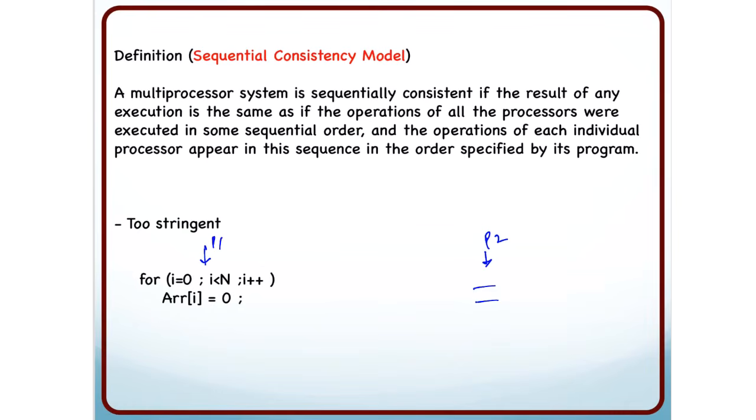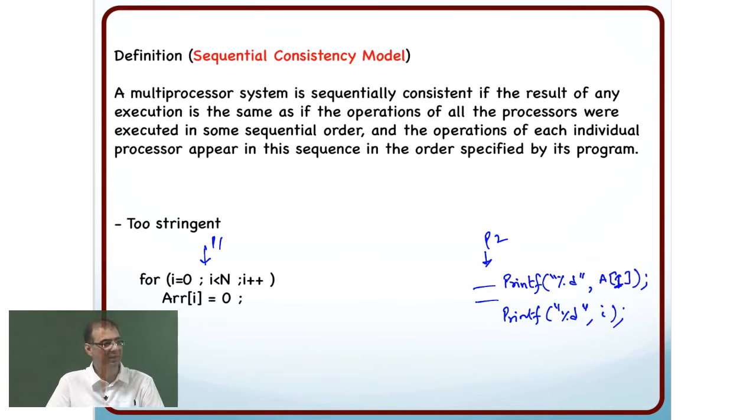Okay, so let's see a simple example. Let's say I first print the value of, let's say this is an integer array, not even I, let's say A1. I print the value of A1, and then I print the value of I. That's it.